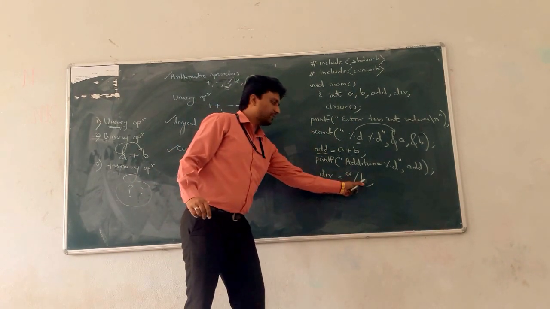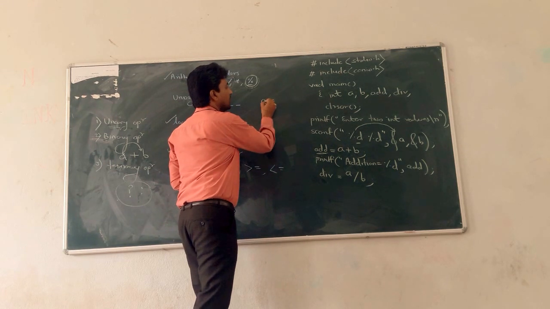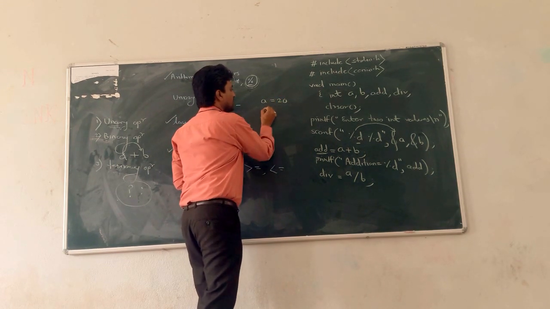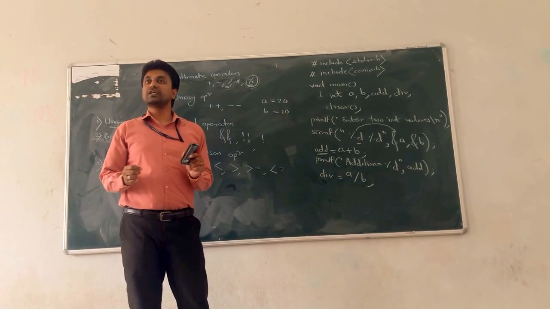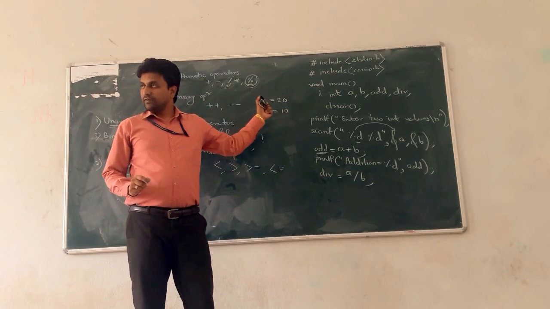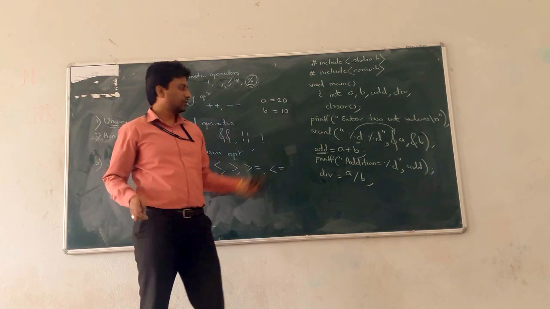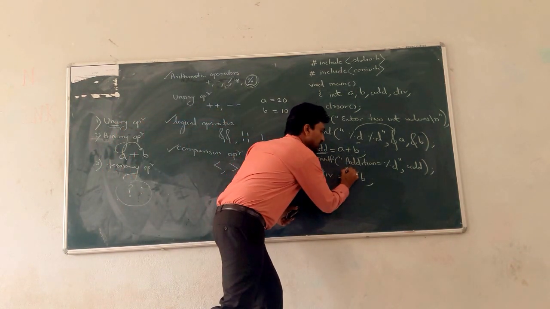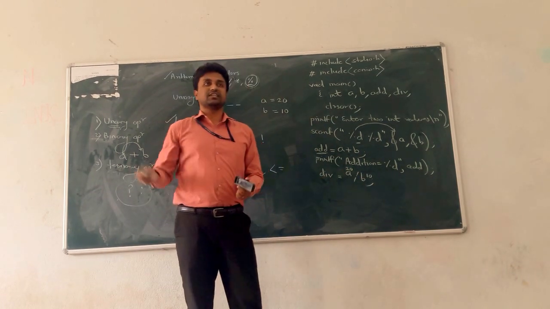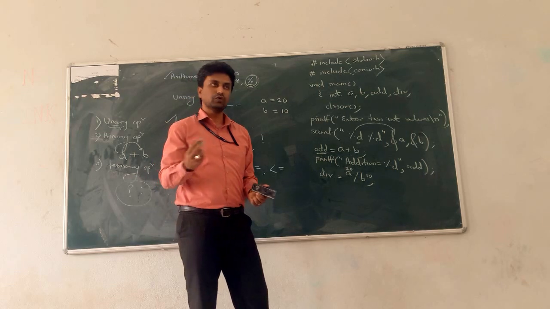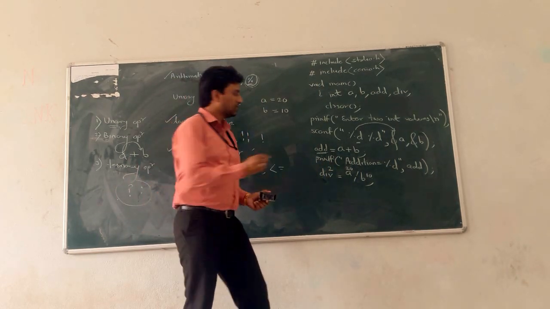So a divided by b, for example, consider at the runtime the value of a is 20 and b is 10. Consider the user enters the value of a as 20 at the runtime and b as 10. So what happens? a is 20 divided by 10. What is the quotient? 2. So 2 is stored into the div variable. Clear? And print it.